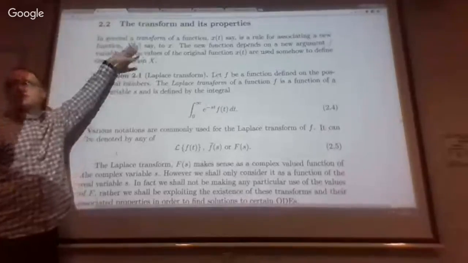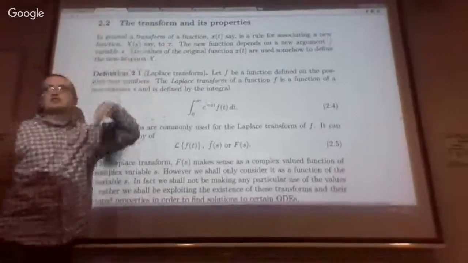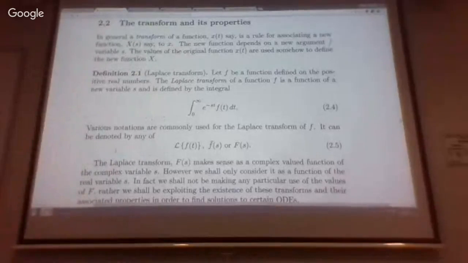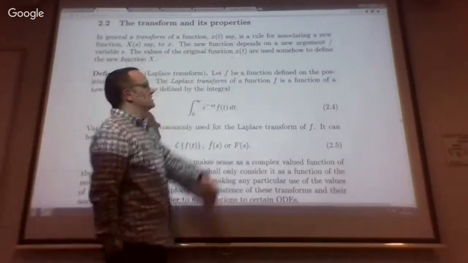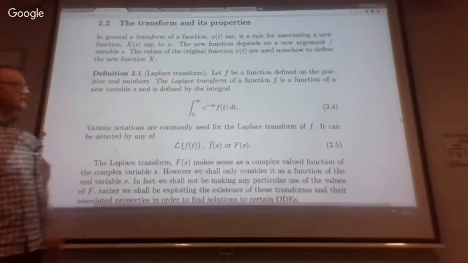Okay, so it's not a new function of t, where t was the original argument of x. It's a new function, and there's a new variable introduced, new variable s. Now this new function, of course, depends on the original function x. So the values of the original function x are somehow used to define this new function in capital X.